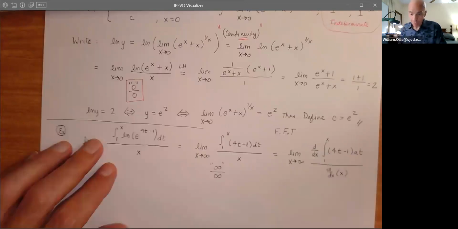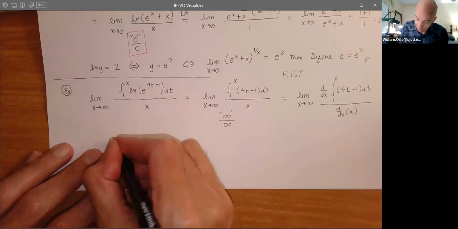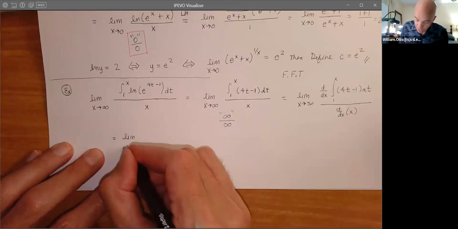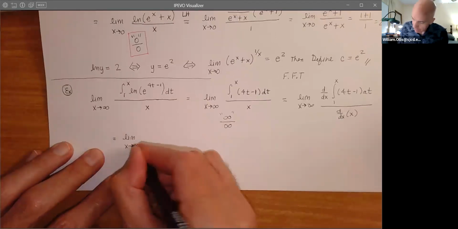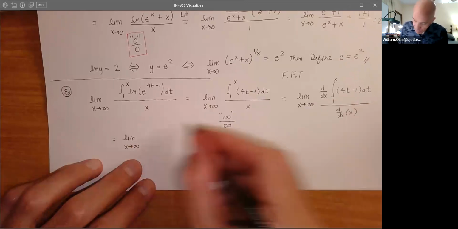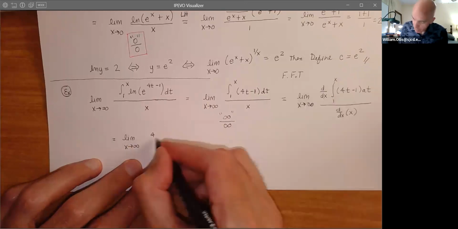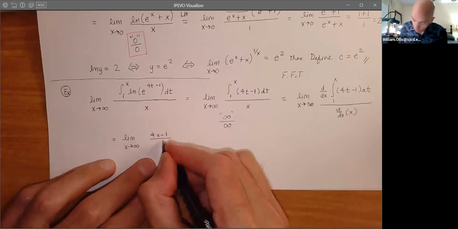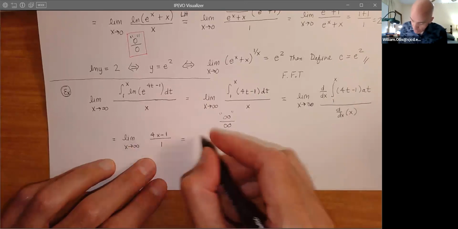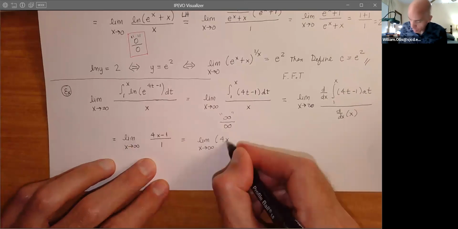Make it really formal. And so now by the fundamental theorem, we just have the limit as x approaches infinity. So in this case, we just get the integrand evaluated at the upper limit, 4x minus 1, divided by 1. So this is just the limit as x approaches infinity of 4x minus 1, which is clearly infinity.